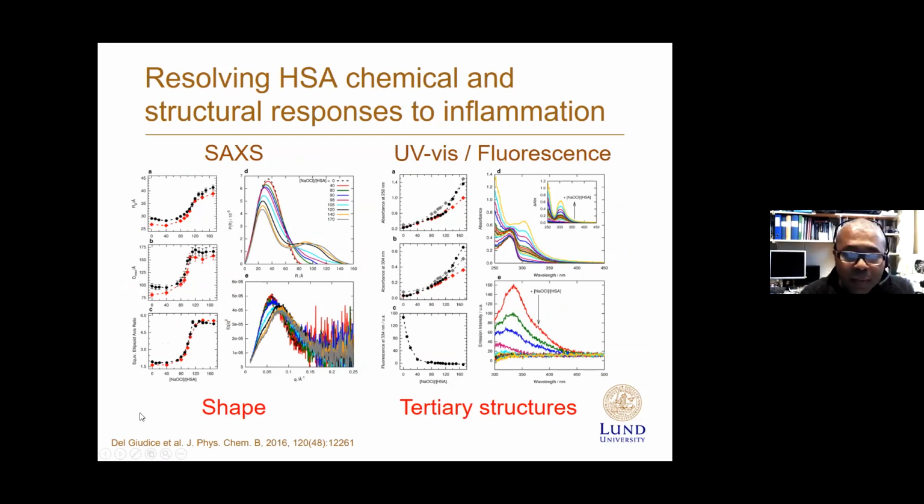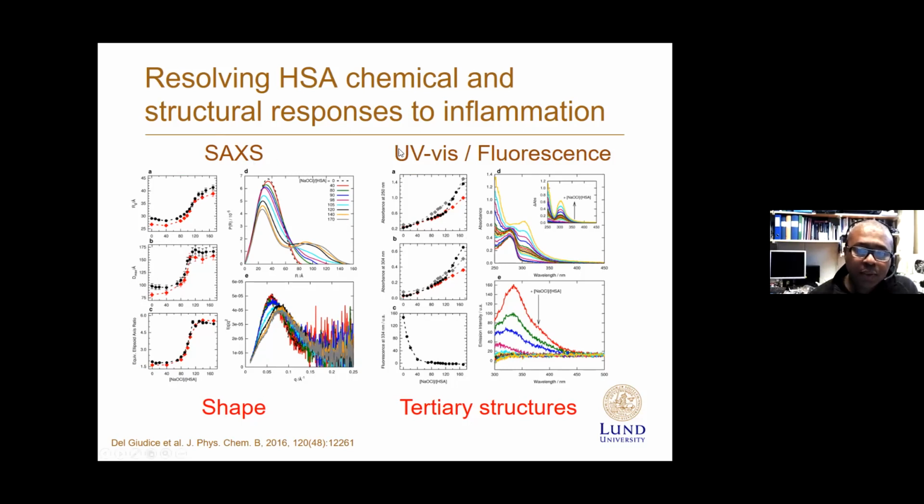She visited the lab for 6 months, and then we just worked on this particular integration of the human serum albumin induced oxidation using SAXS, UV-Vis, and fluorescence. And this is a bit of a busy slide, but basically with the SAXS, the small angle scattering, you get an idea of the shape as you titrate the proteins with the hypochlorite.